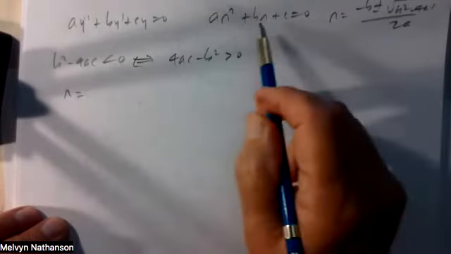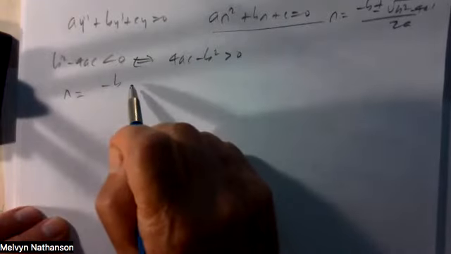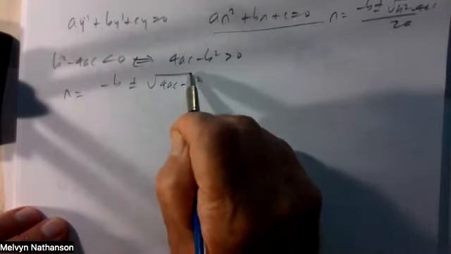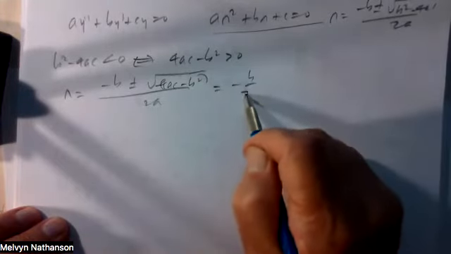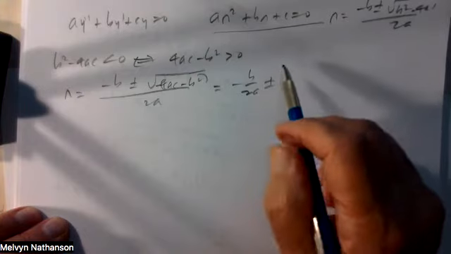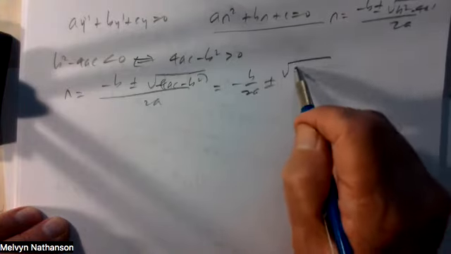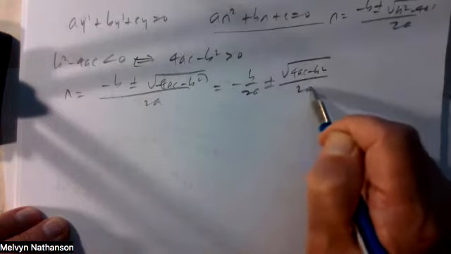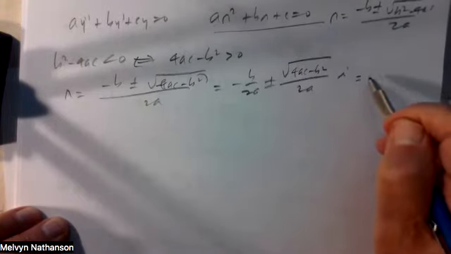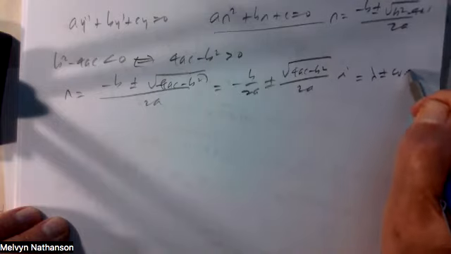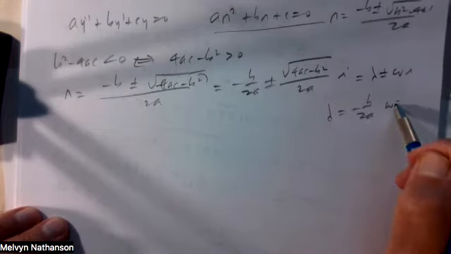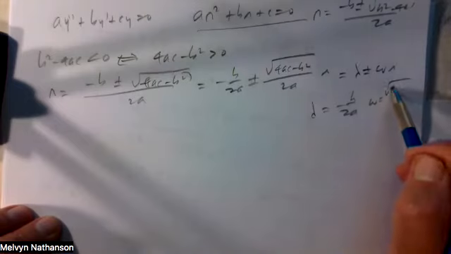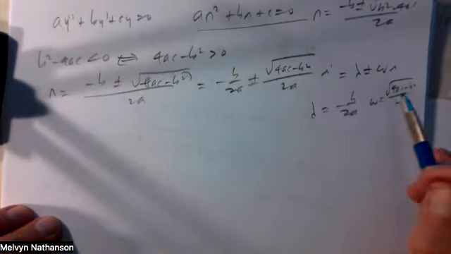So the roots of this characteristic equation are minus B over 2A plus or minus the square root of 4AC minus B squared over 2A times I. I'm going to write this as lambda plus or minus omega I, so lambda is minus B over 2A, and omega is the square root of 4AC minus B squared over 2A.